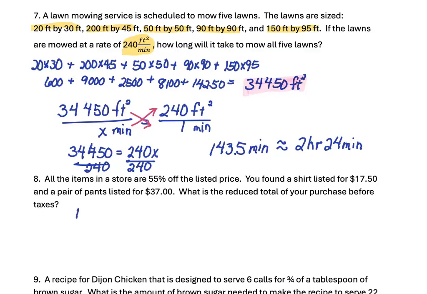What is the total retail? So $17.50 and $37 are what we're spending retail, or what it would cost retail. So that is $54.50, and that's before the sale price.